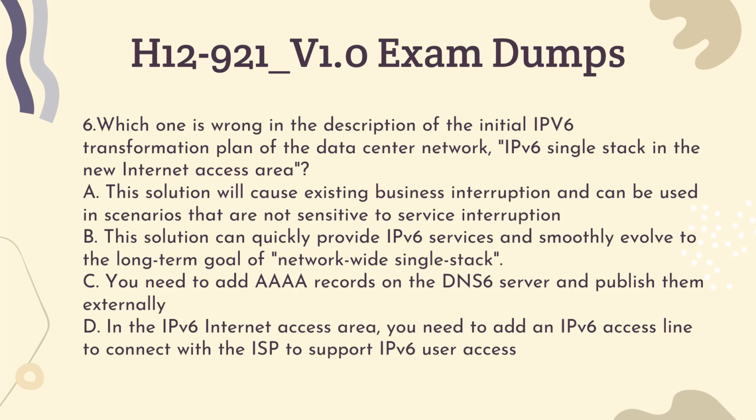B. This solution can quickly provide IPv6 services and smoothly evolve to the long-term goal of network-wide single stack. C. You need to add quad-A records on the DNS6 server and publish them externally. D. In the IPv6 Internet access area, you need to add an IPv6 access line to connect with the ISP to support IPv6 user access.